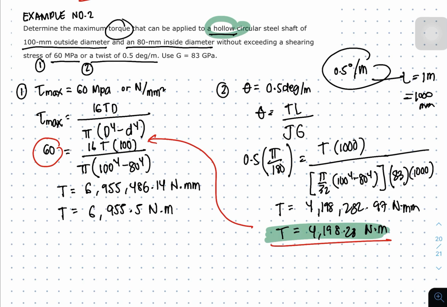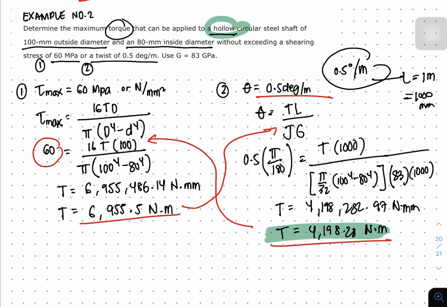However, if we choose the other answer and substitute it into the T here, then our answer is no longer 0.5 degrees per meter or lesser. We go beyond the limit of the angular twist, which is 0.5 degrees per meter. So again, in the previous video, since we were solving for the dimension, we needed to use the bigger value.